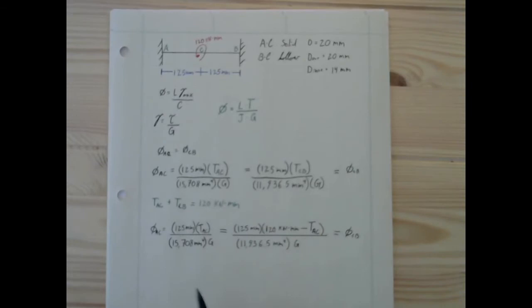Simplifying all this out, it won't be equal to the twist at AC if we remove these values that are the same, but we can do it. We can certainly take out G. If we multiply both sides by our shear modulus, it will no longer be setting the twist equal to each other.